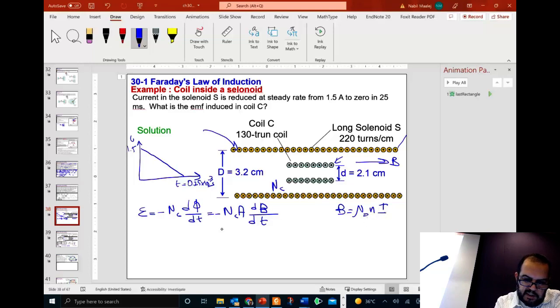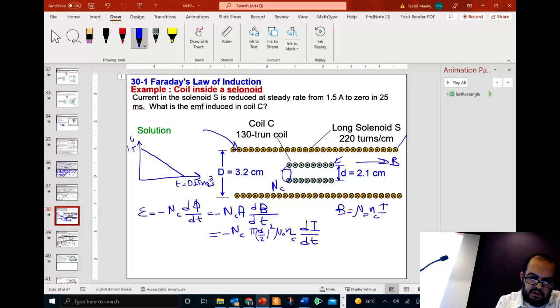So this becomes minus N_C times the area of this small loop, which is pi (d over 2) squared. This is the area of this one here. The derivative of the flux becomes mu 0 times n, the number of turns per length for the big coil S, and the derivative of the current, di/dt.